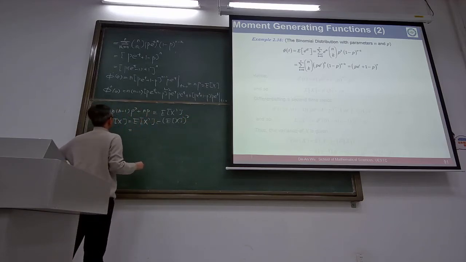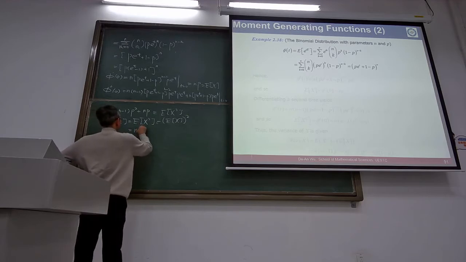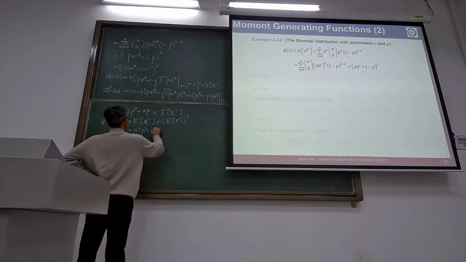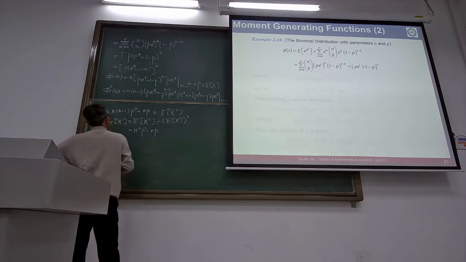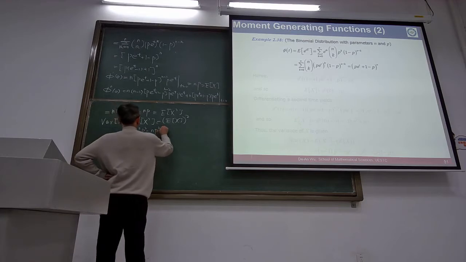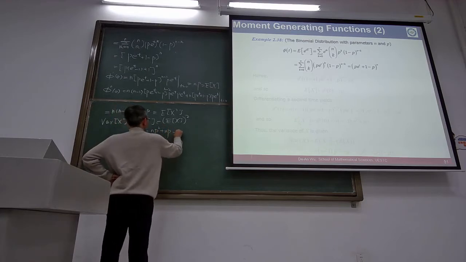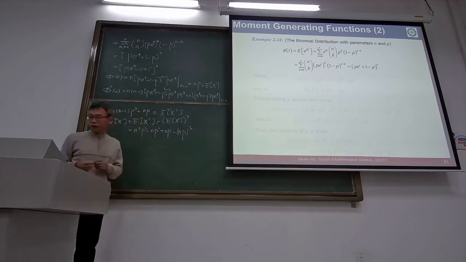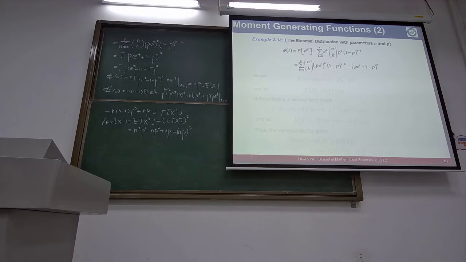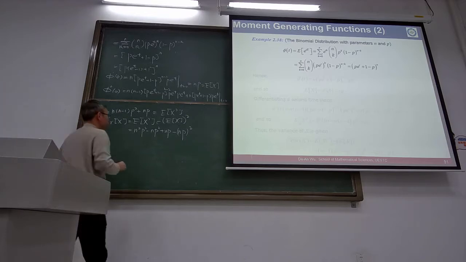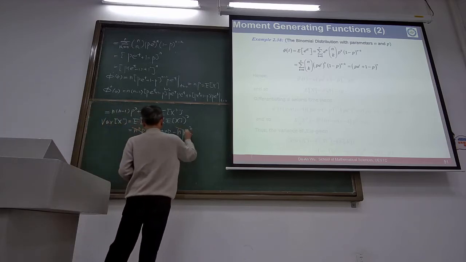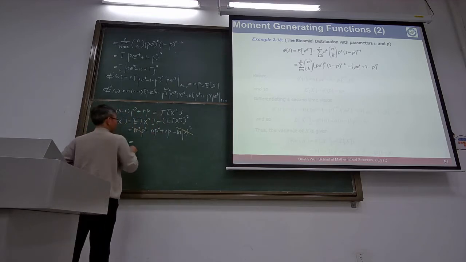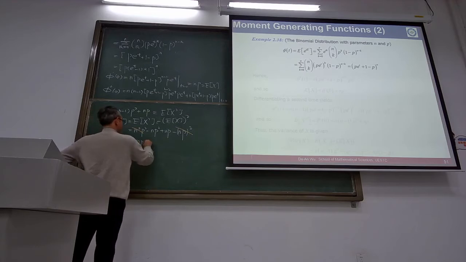This just equals n squared p squared minus np squared plus np, minus n squared p squared. And the answer just equals np times 1 minus p.